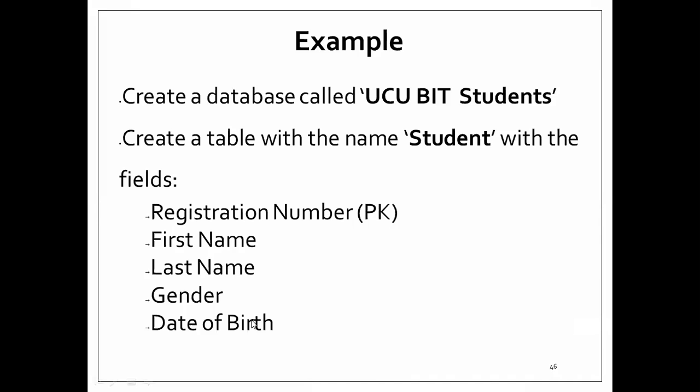So the fields, like I was saying, are very important to understand because they represent the structure of the table. If you don't have the fields, then your table is not going to work. The database we are creating is called BIT students.